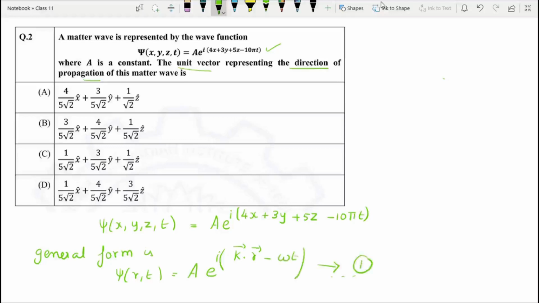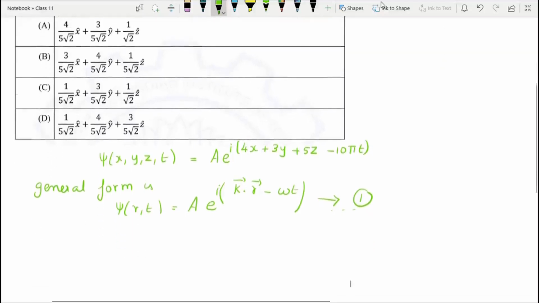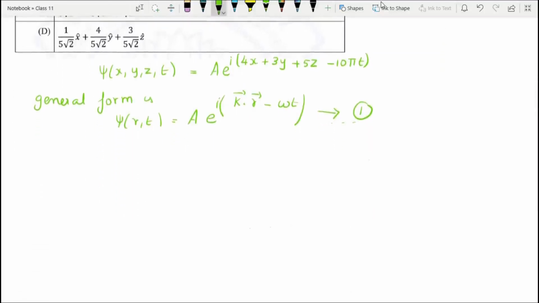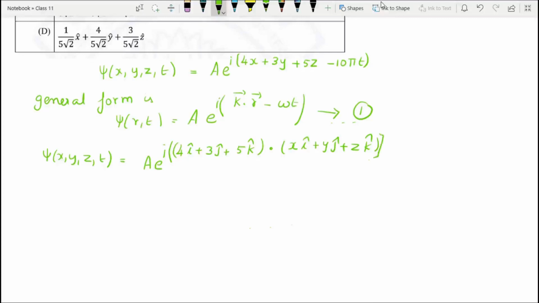Now we can write the given wave function in terms of the general form. So we will be getting psi of x, y, z, t is equal to A e power i((4 i cap + 3 j cap + 5 k cap) dot (x i cap + y j cap + z k cap) - 10πt), right?